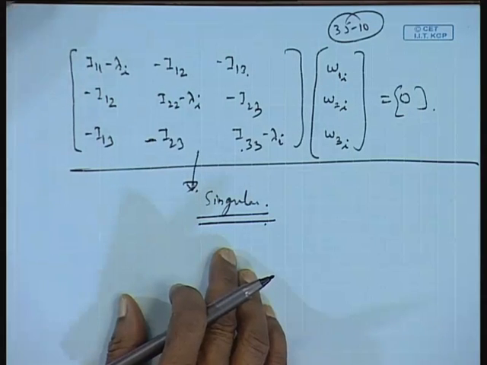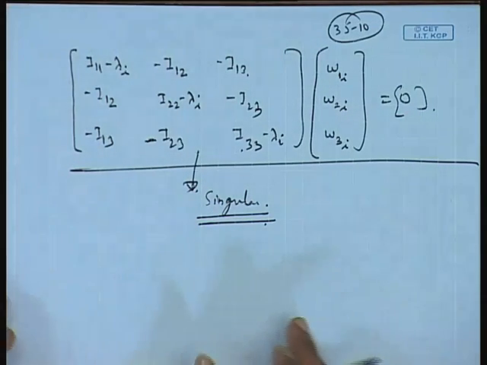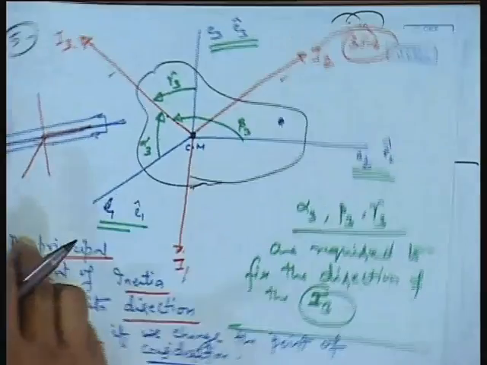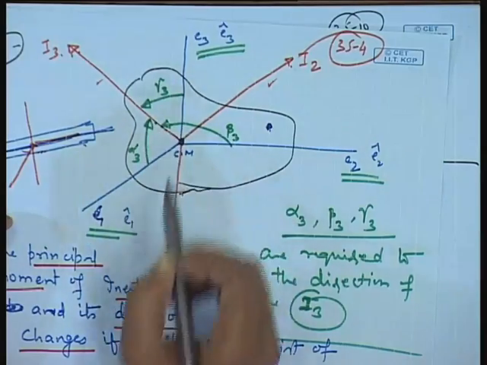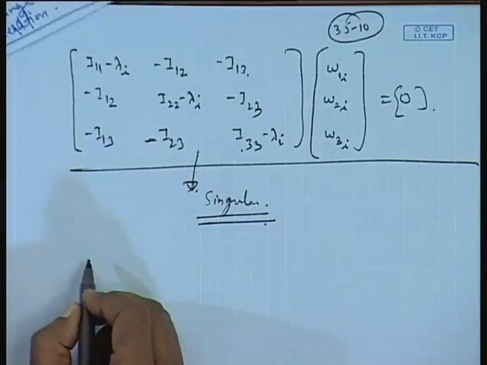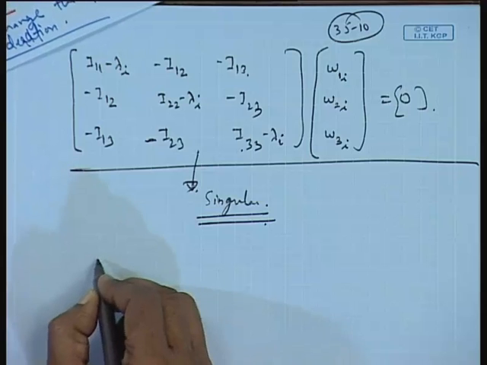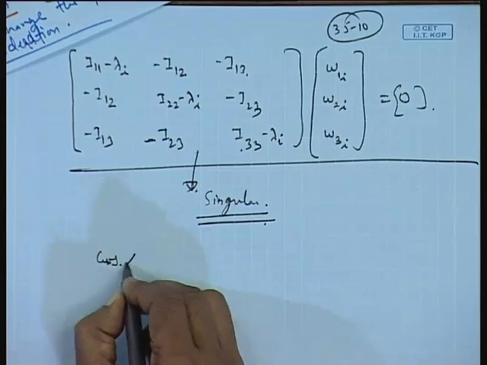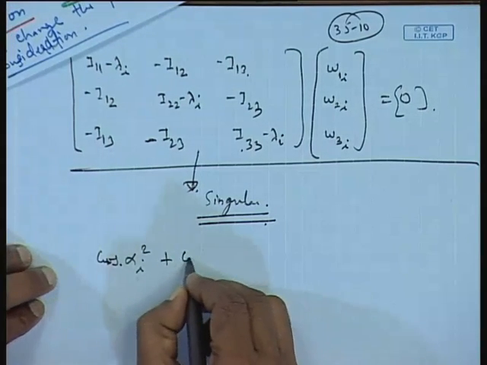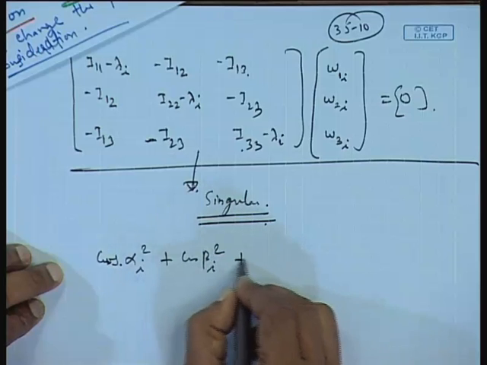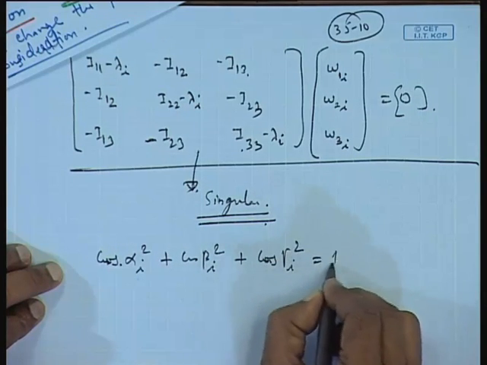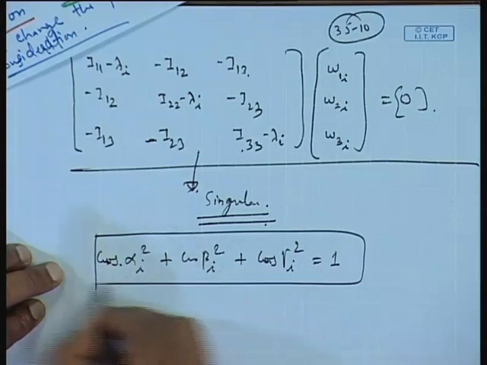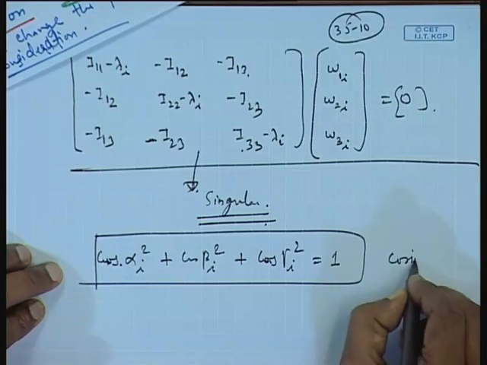In that situation, how will we find the principal moment of inertia directions? As I explained earlier, these are the 3 directions which are available to us, but one favorable thing is available: cos squared alpha I plus cos squared beta I plus cos squared gamma I will be equal to 1. This follows from the cosine property.